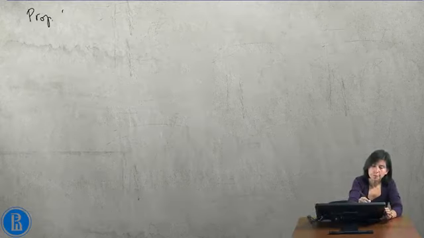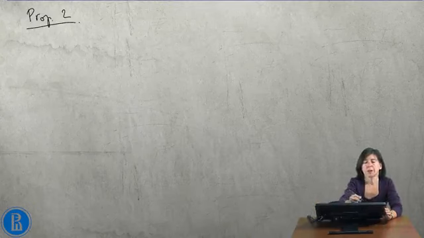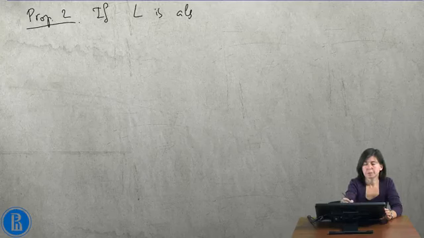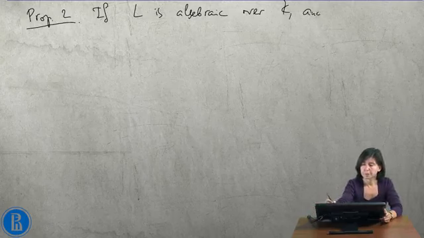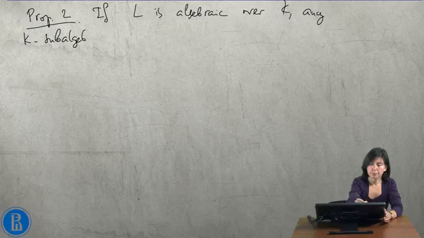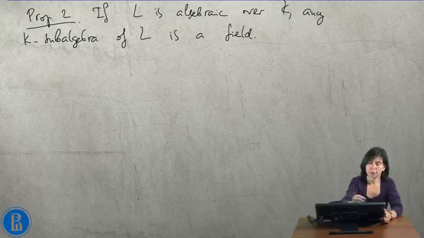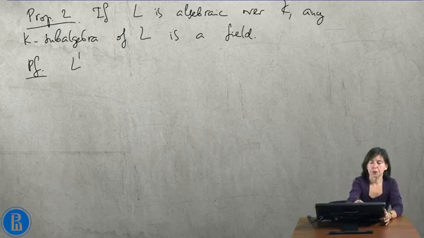Proposition 2. If L is algebraic over K, any K subalgebra of L is a field. Well, proof. Let's take L prime in L, a subalgebra.